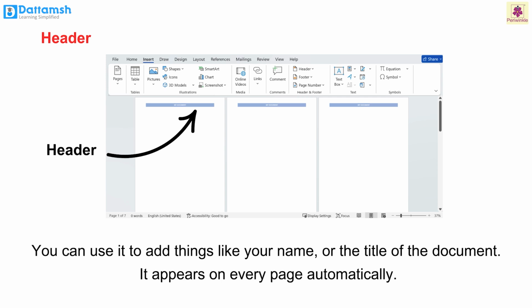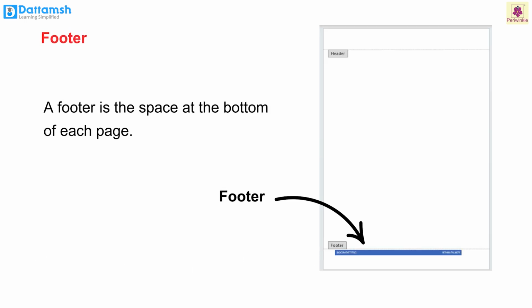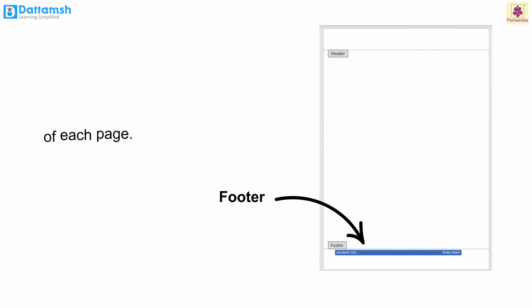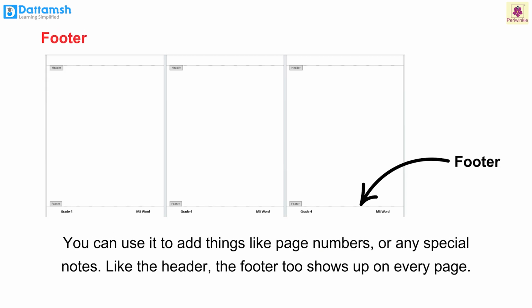It appears on every page automatically. Footer. A footer is the space at the bottom of each page. You can use it to add things like page numbers or any special notes. Like the header, the footer too shows up on every page.